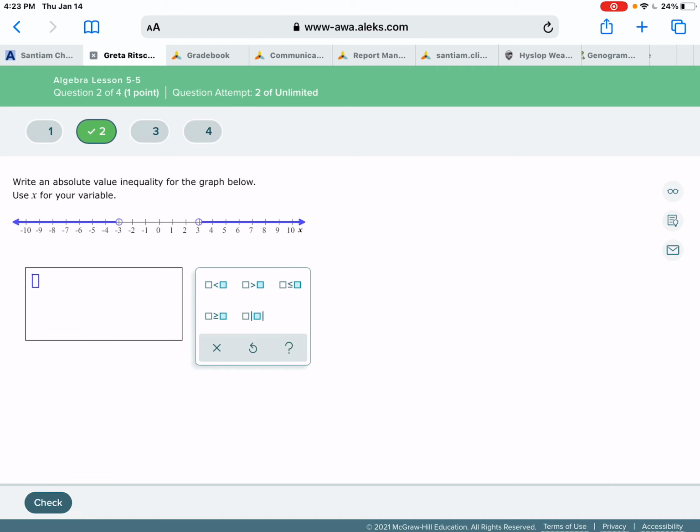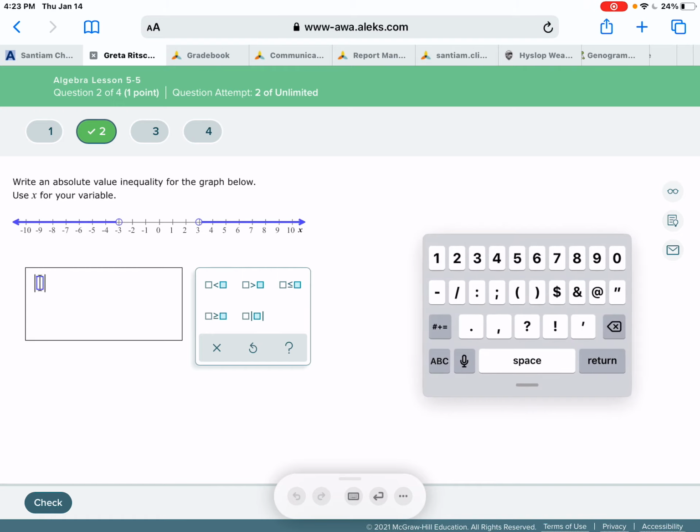So this time I am going to say that the absolute value of x is greater than 3. I don't want it to go there though.